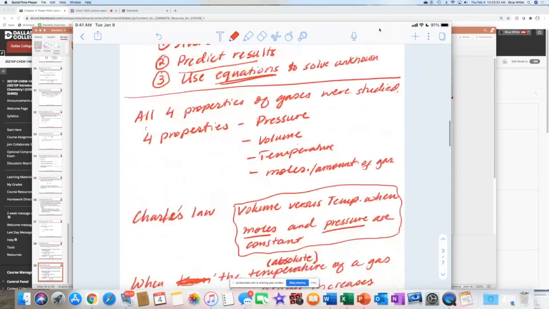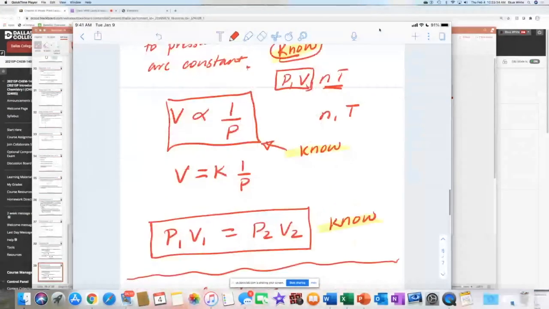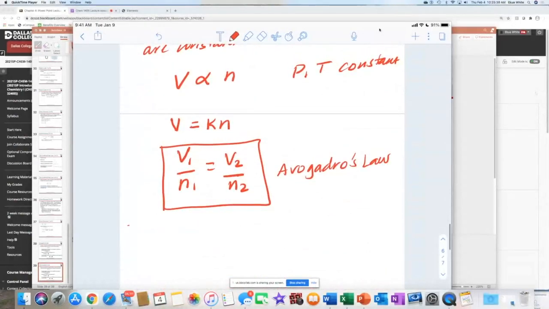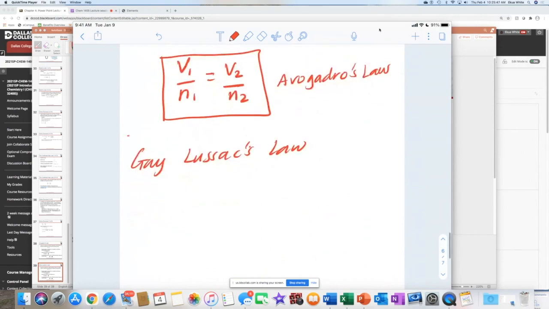The next law, looking at P and T. Let me show you the tricks I use, because I've been there. We're looking at pressure and temperature, so pressure is directly proportional to temperature.